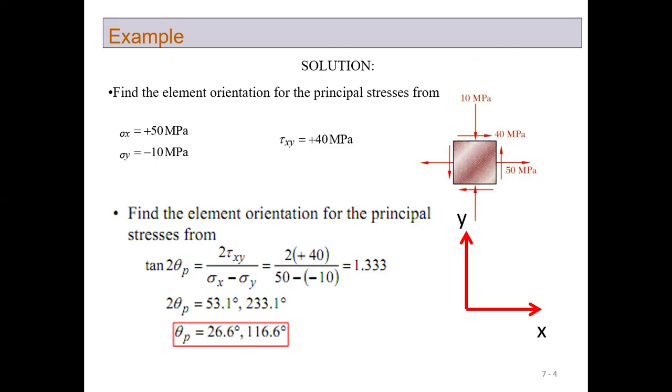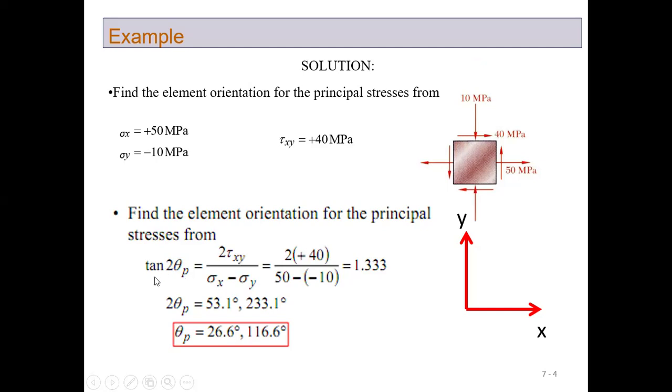Using that analogy, we can easily say that these cross shears are always equal in magnitude but opposite in direction. So once the notations are allocated to the stress values, the rest of the problem is very easy.